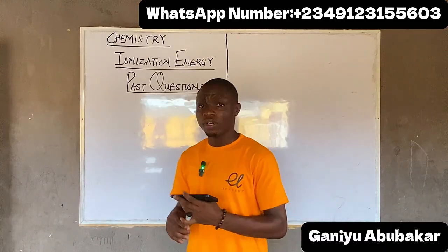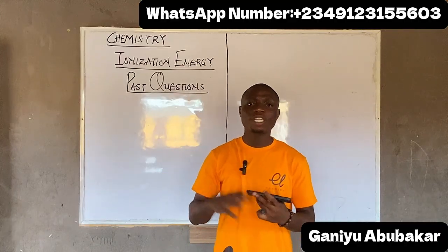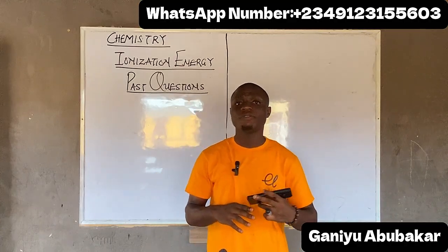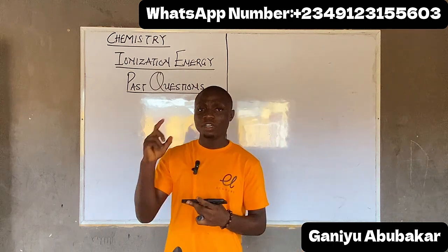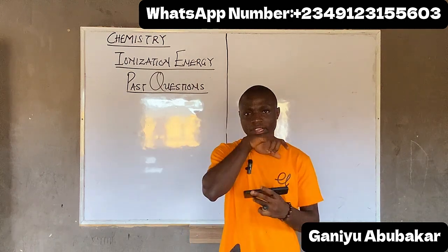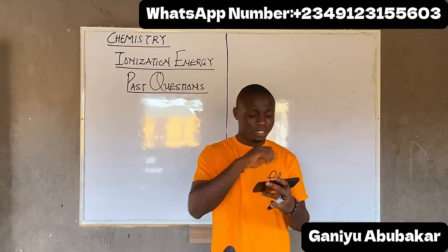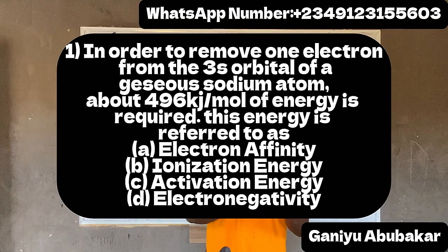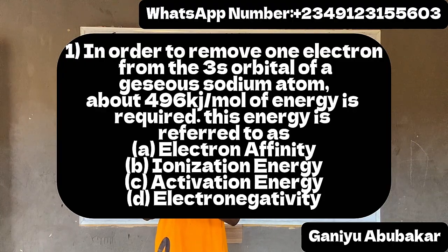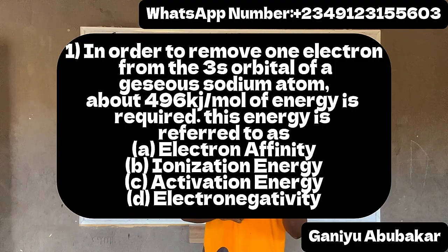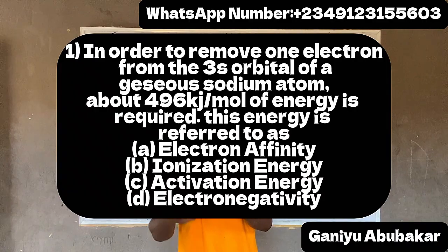Welcome back. So let's proceed with several past questions in the study of ionization energy, aka IE, right? Question 1 says, in order to remove an electron from a 3s orbital of a gaseous sodium atom, about 496 kilojoules per mole of energy is required.